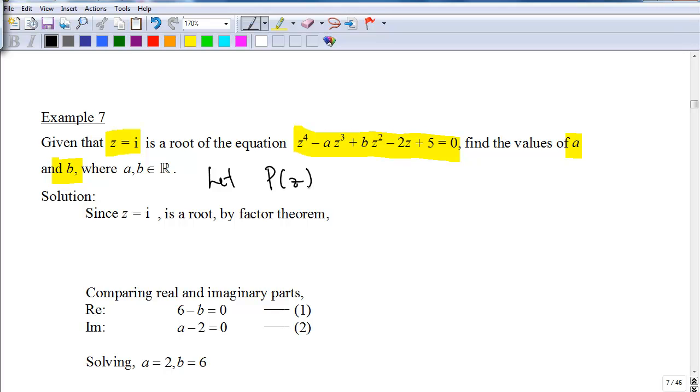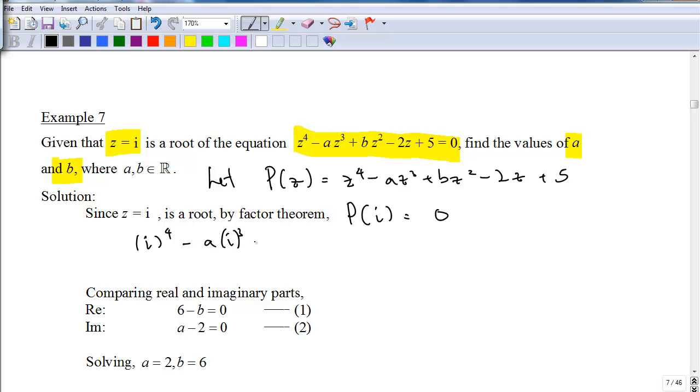Let p(z) equal this. Since z equals i is a root, by factor theorem, what do I have? I have p(i) equals 0.